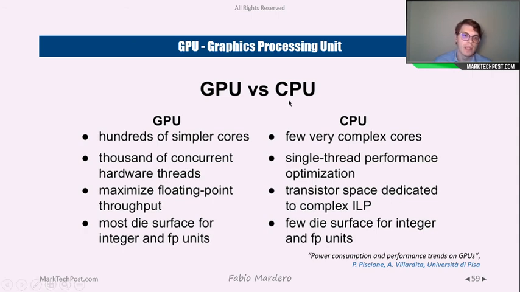A GPU has instead hundreds of cores, but these are more simple. So the GPU, thanks to this enormous number of cores, can leverage matrix multiplication and, in general, matrix operations. That's the main and fundamental difference between GPU and CPU, and why GPU is so good with matrices.